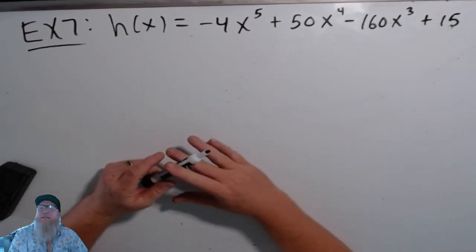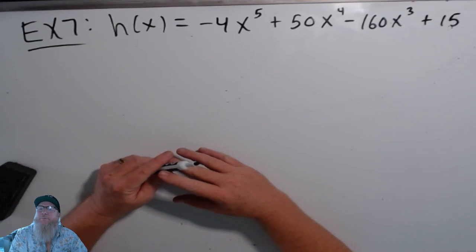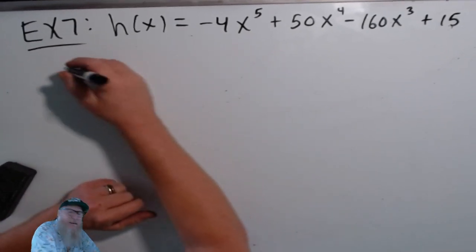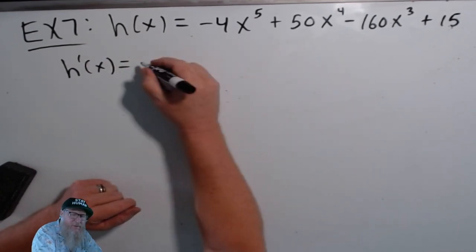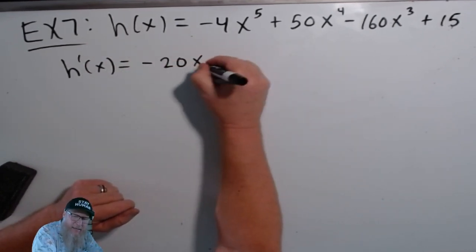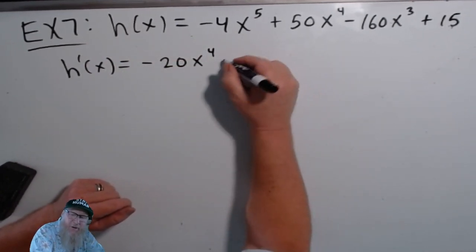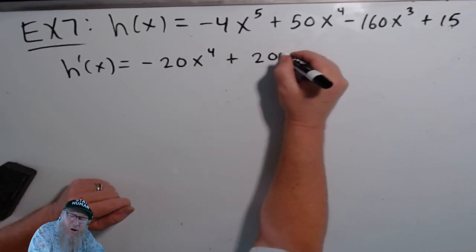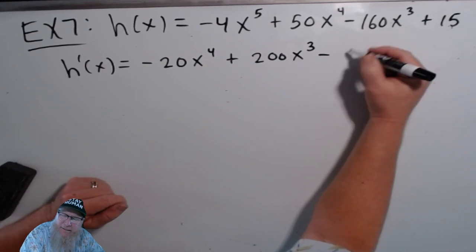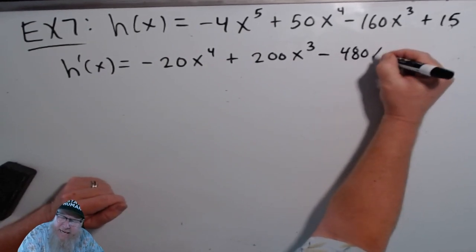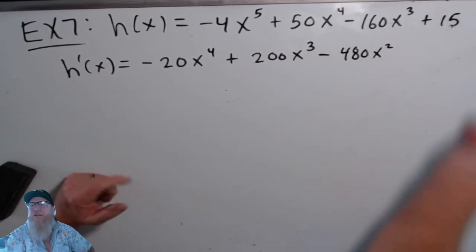Same process. Just get right into it. Take the derivative and find the critical values. So I got negative 20x to the 4th plus 200x to the 3rd minus 480x squared, and then the constant becomes 0.